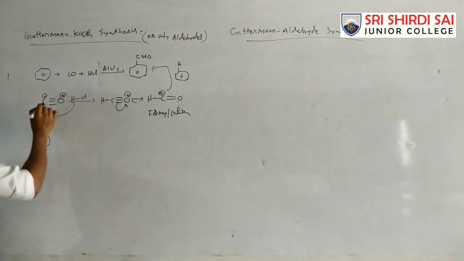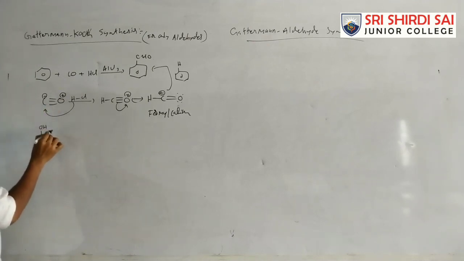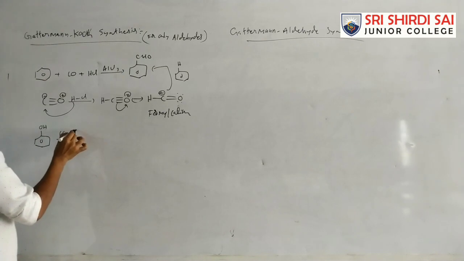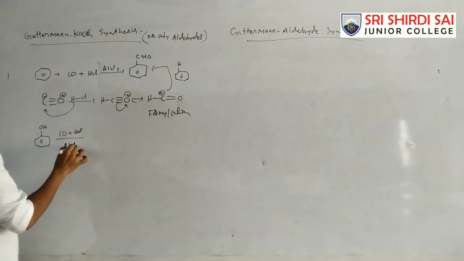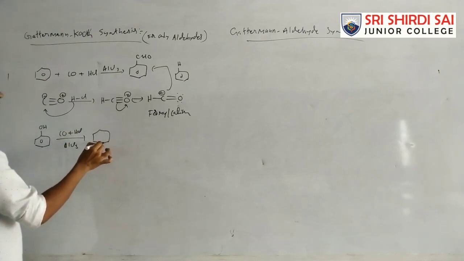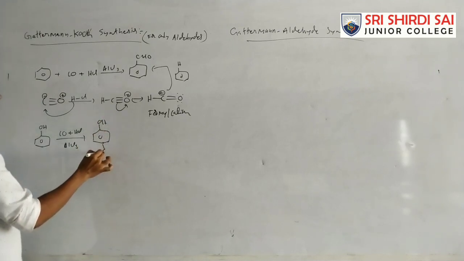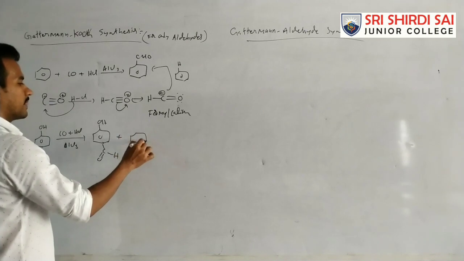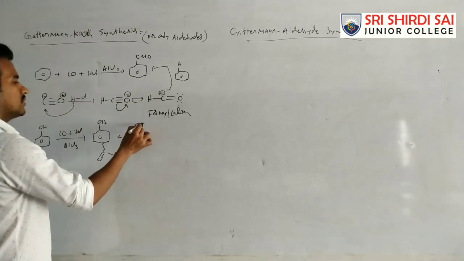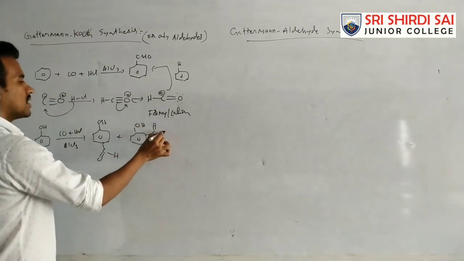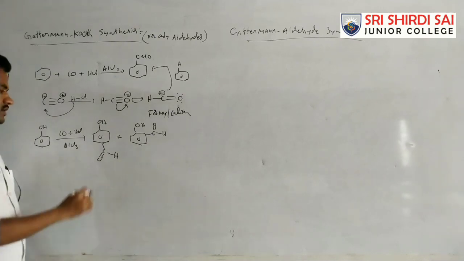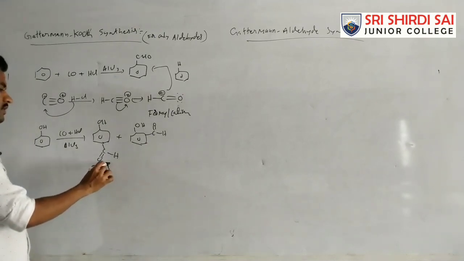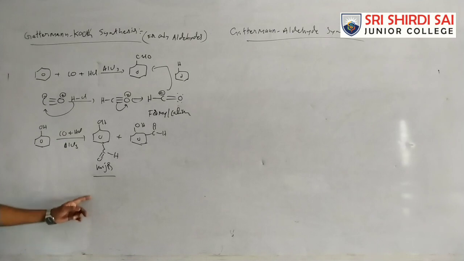For example, with phenol, OH, CO, HCl, AlCl3, OH is the activating group, so the CHO formyl cation attacks at the ortho or para position. Para is the major product. That is the Gattermann-Koch synthesis.